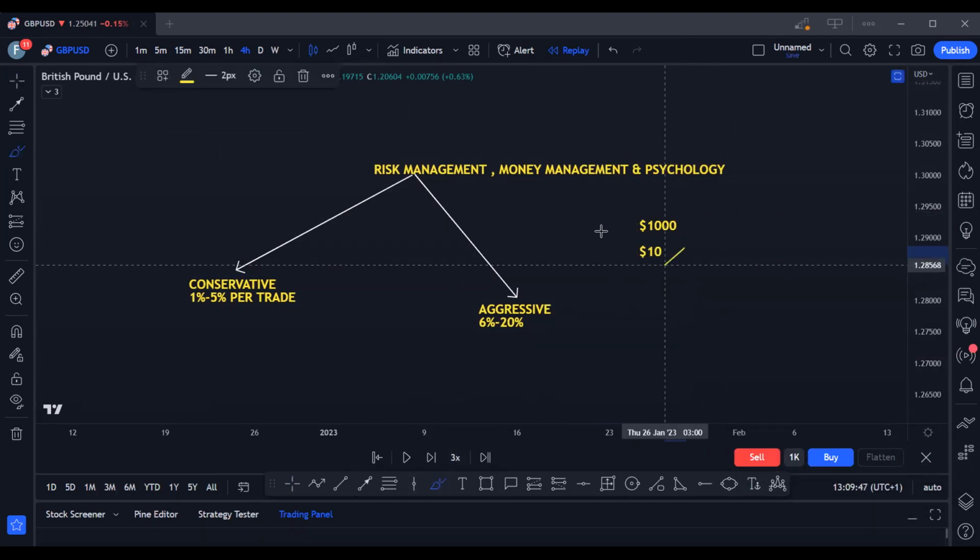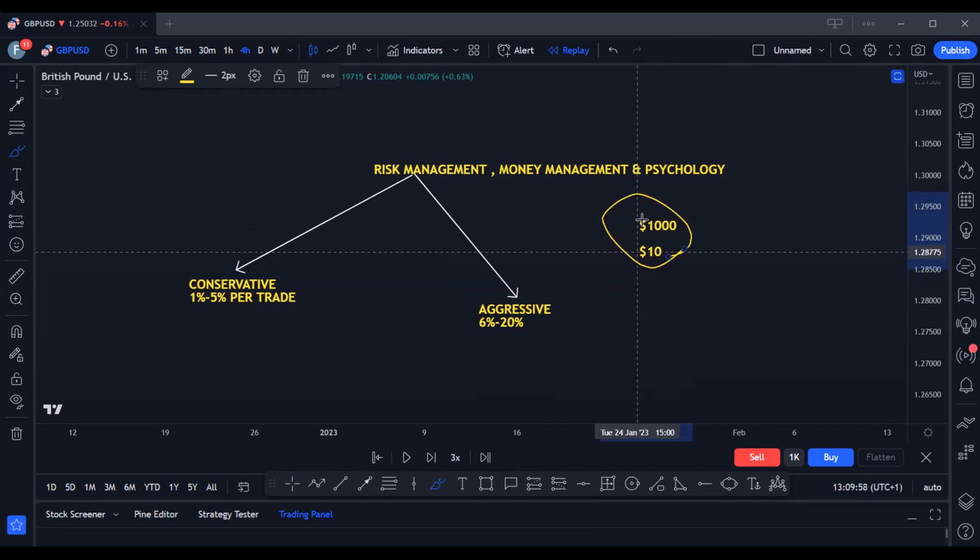Okay, it might not really shake you because you still have $990 left in your portfolio. So it will take a long time. If the market is very, very bad, you're not making profit, you're making consistent losses, it will take a very, very long time for you to blow your account if you are risking 1% per trade.